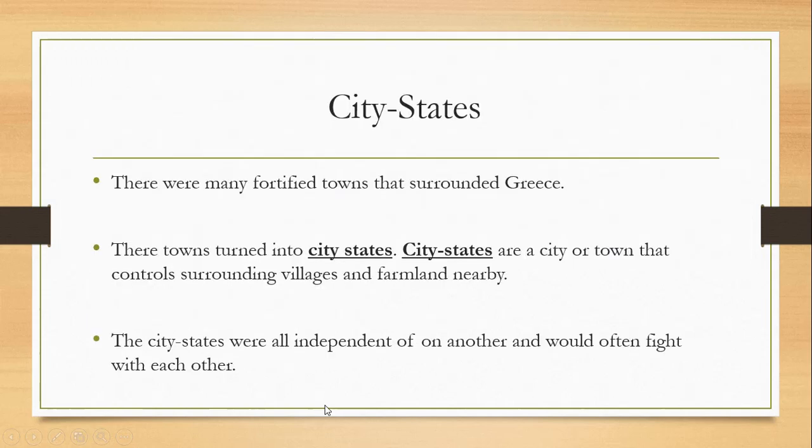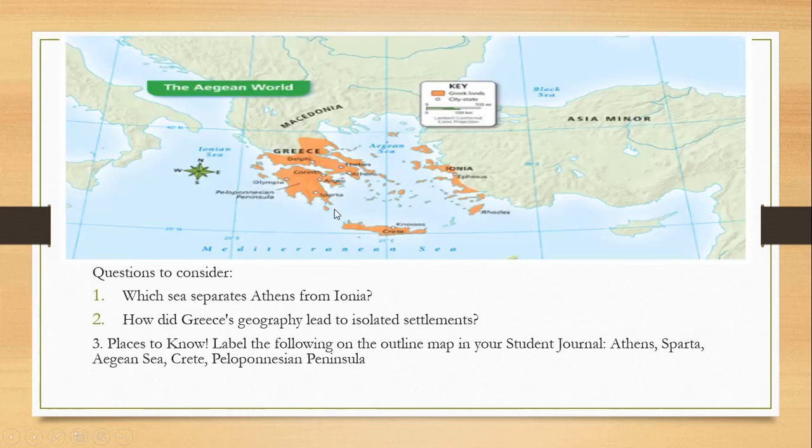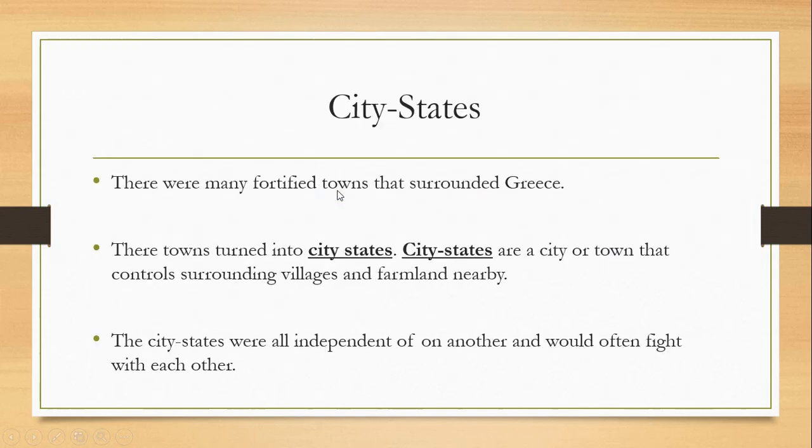Moving on. City-states. You've heard me talk a lot about city-states in the past couple minutes, all right? There are going to be many fortified towns that surrounded Greece, okay? So as we look here, there are many different towns throughout Greece, and these towns are going to turn into what we call city-states, okay?